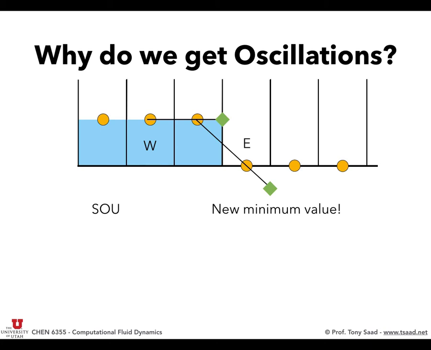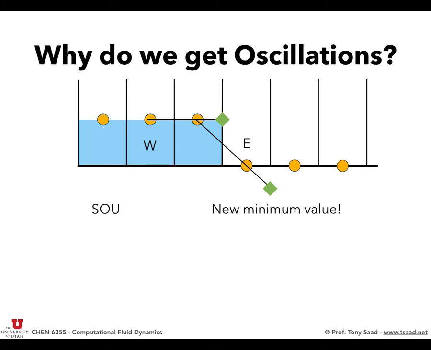So why is that? Let's take the second order upwind scheme, and we want to apply it at this cell. Okay? So for this face, the second order upwind is going to give us this slope. So it's going to produce the same value as this one, so that's not a problem. But for this face, the second order upwind is going to use these two points and create a negative slope over here.